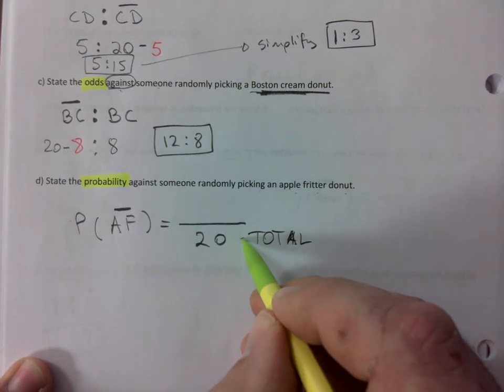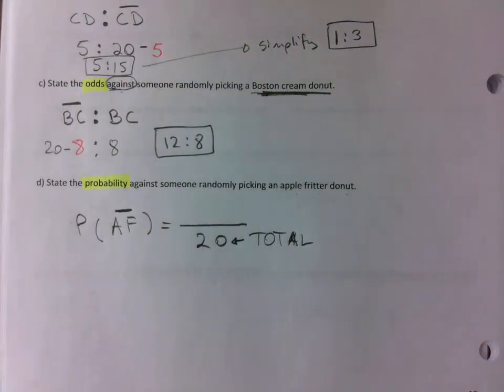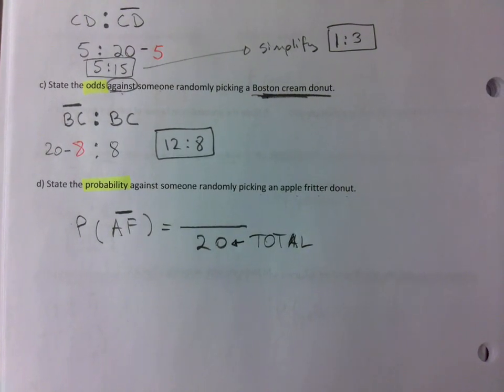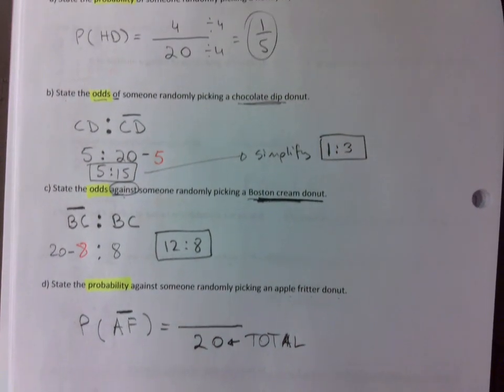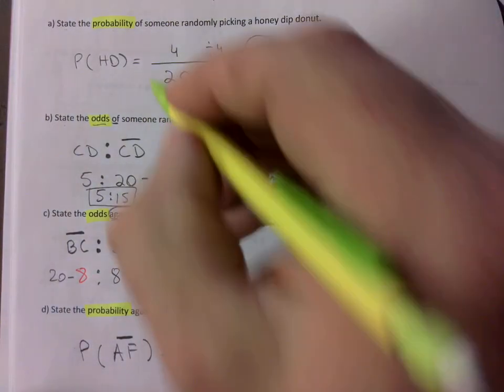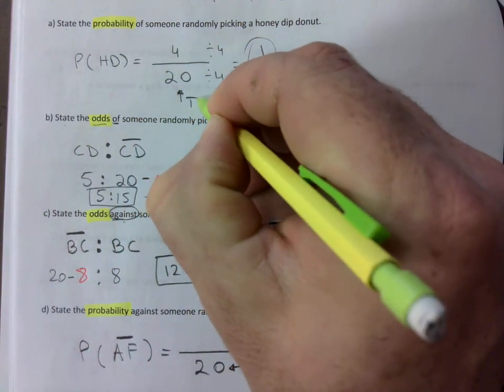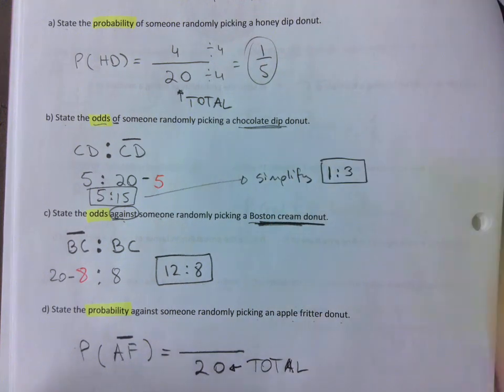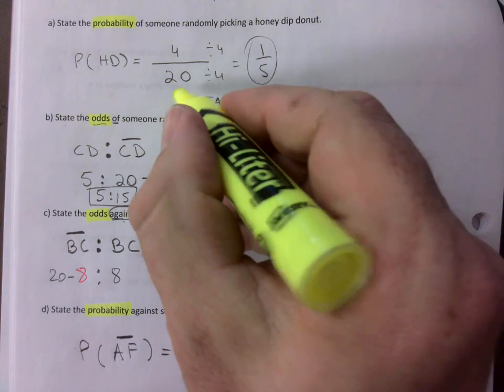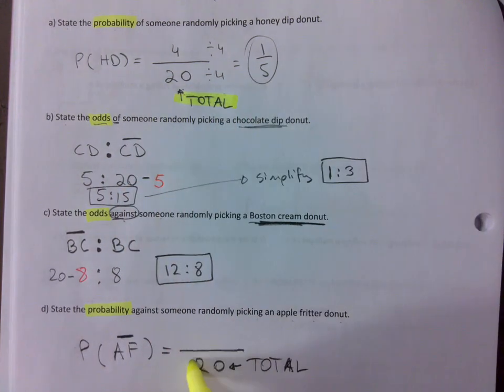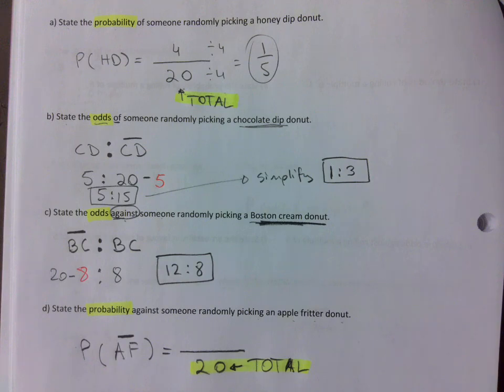Can I just make sure you understand total? I'll also go back to A and make sure that when you flip through your notes, you understand that the total is there. That's the unique thing about probability. We do care about the total.